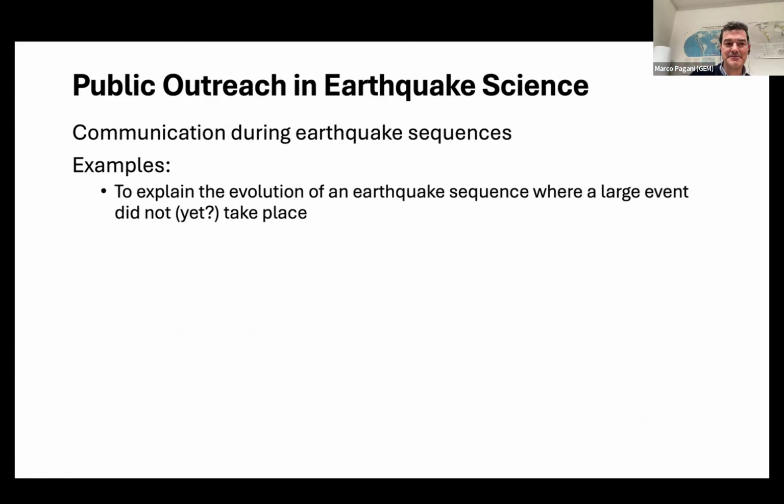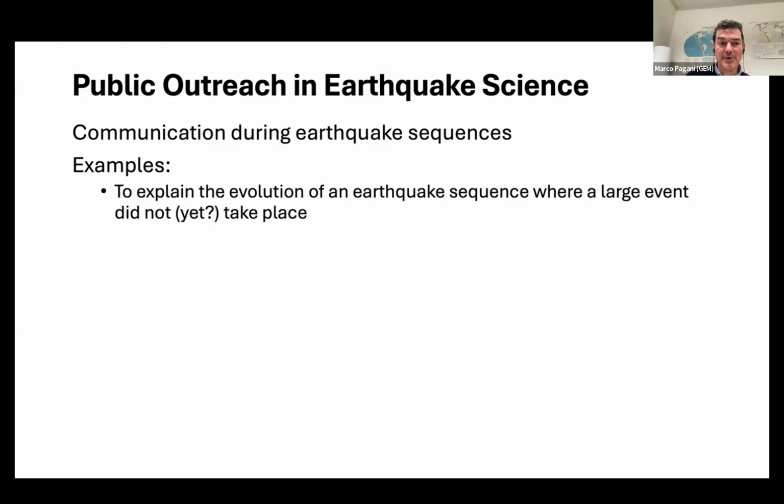Other examples, during a sequence, in this case, there's often a challenge to explain what might happen when there is a sequence that did not show yet a large event.